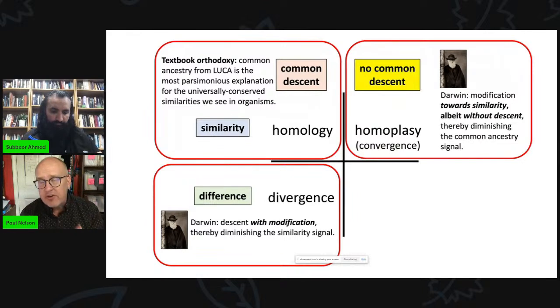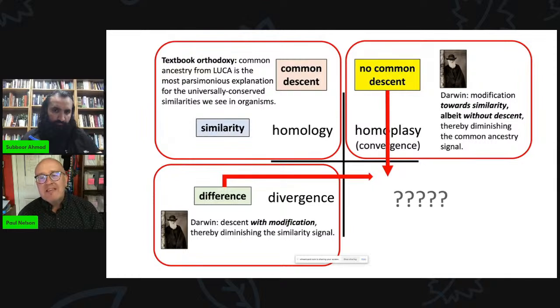There are shared characters, of course, that define mammalia, but you have tremendous divergence anatomically within that clade. Differences. Now, these concepts should be familiar to you. They fill your textbooks. We have a quadrant that is open. This one. Why? What's in there?